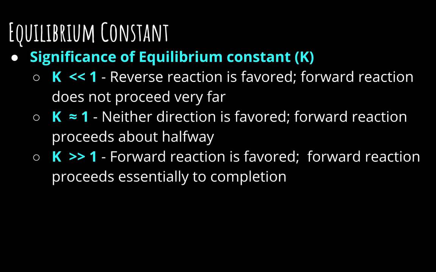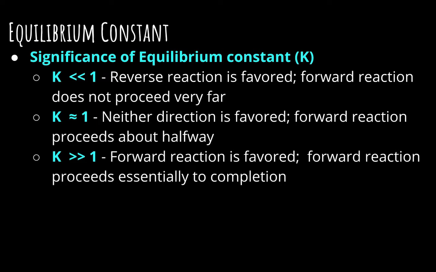So the forward reaction, which would be making products, doesn't proceed very far. If K is about equal to 1, then neither direction is favored, so the forward reaction proceeds about halfway. If K is much greater than 1, then the forward reaction is favored, and that forward reaction proceeds pretty much to completion.